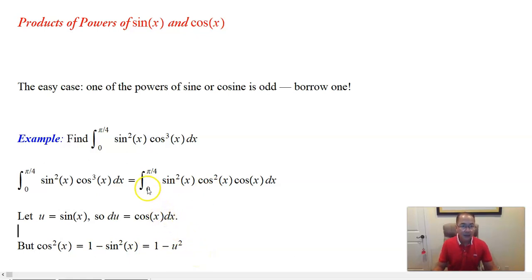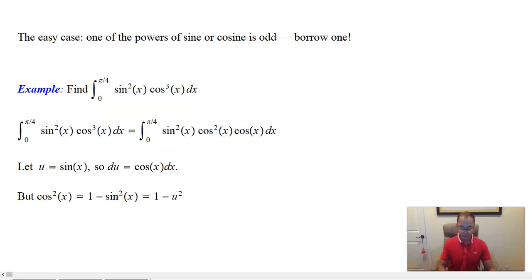Excellent. So now, shall we change the limits? When x is 0, what is sine of 0? That's also 0. u equals 0. And when x is pi over 4, our upper limit, what is sine of pi over 4?